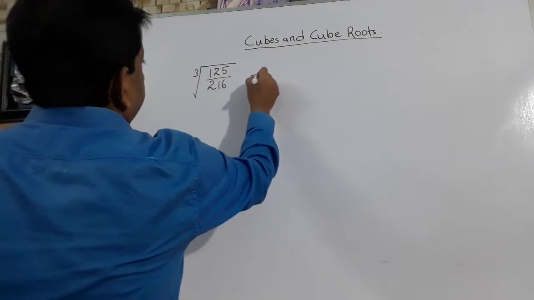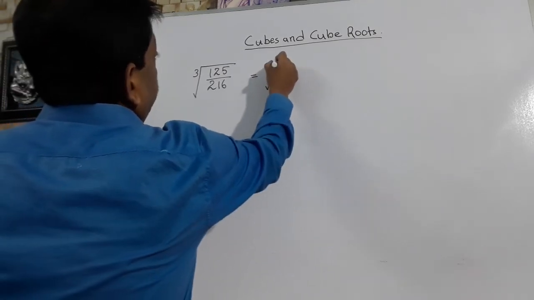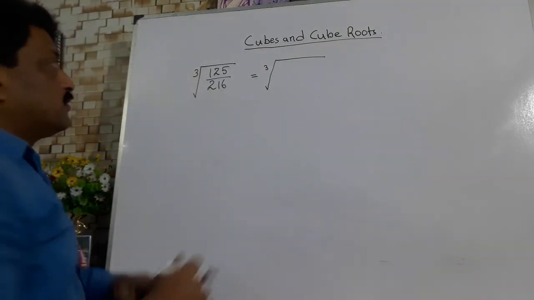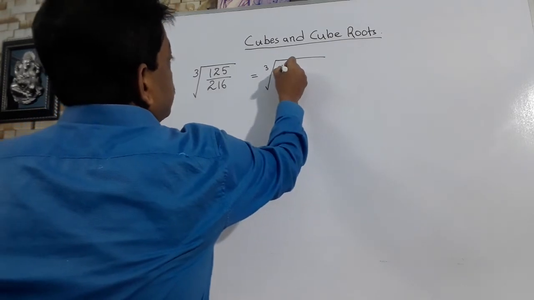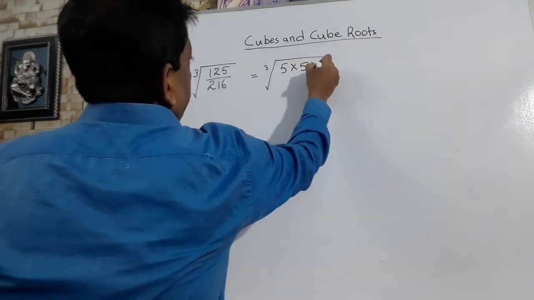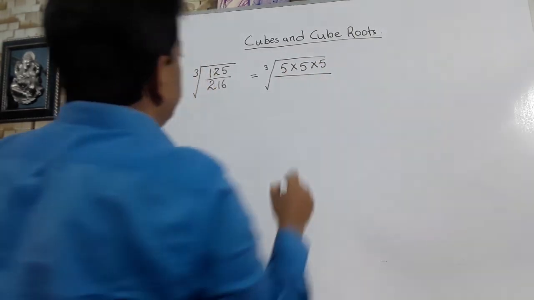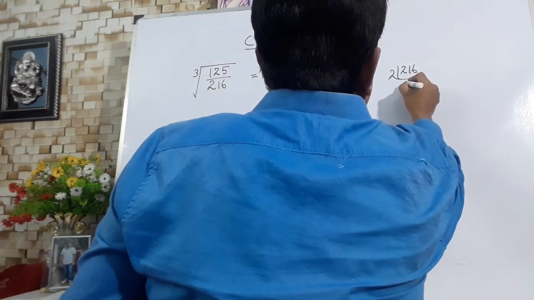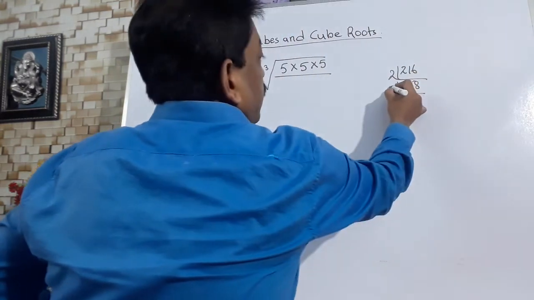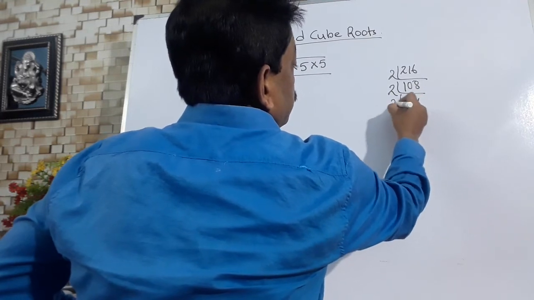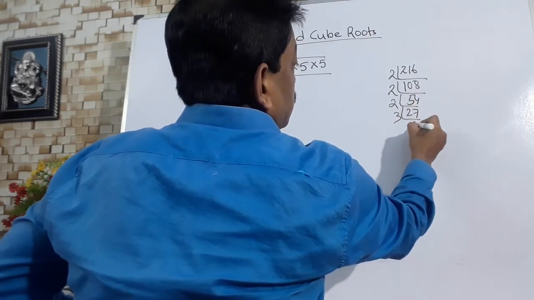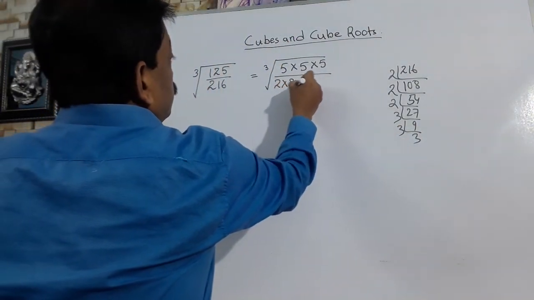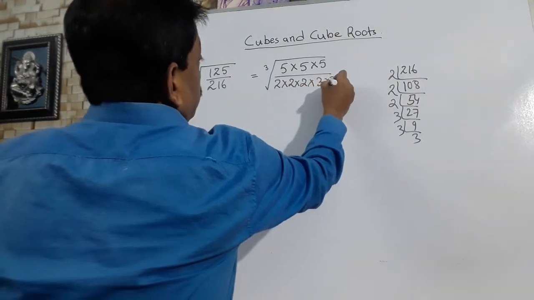Here, first of all, resolve 125 and 216 into prime factors. 125 can be written as 5 into 5 into 5, and 216 can be resolved into prime factors: by 2 it is 108, by 2 it is 54, by 2 is 27, by 3 is 9, and by 3 is 3. So it can be written as 2 into 2 into 2 into 3 into 3 into 3.